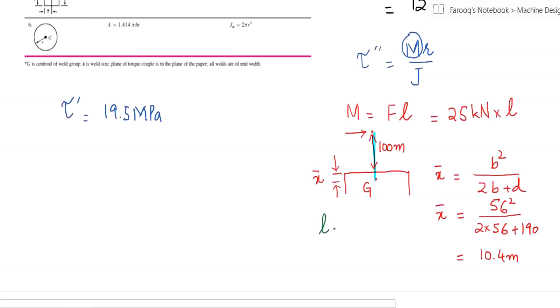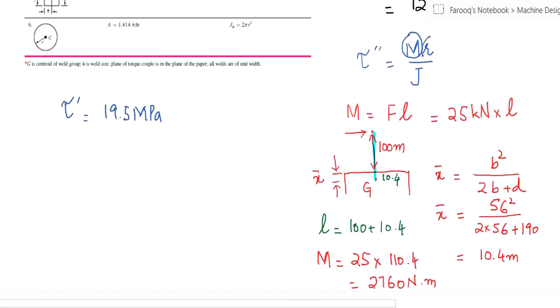So the total length is equal to 100 plus 10.4 mm. So moment comes out to be 25 kilonewton into 110.4, and the value of moment is 2760 Newton meter.